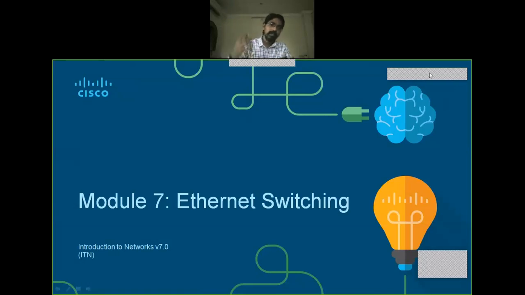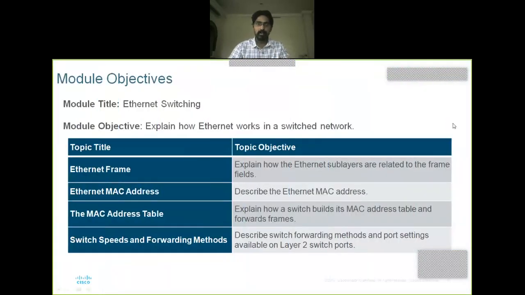So how do the devices perform switching between all these connected devices? Only the intended device has to receive the data. The data shouldn't be transferred to an unauthorized system. How does this Ethernet switching work?